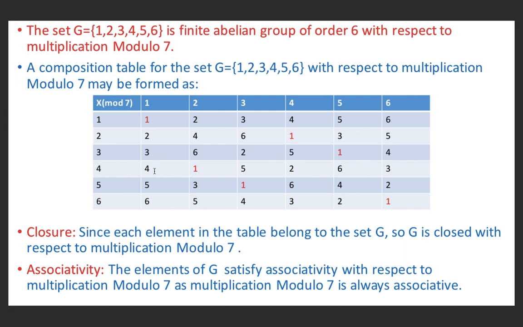To write the elements of the fourth row, we will multiply the elements of the top border row by 4 and then divide the resulting element by 7 and then write the remainders in the fourth row. 4 into 1 is 4. The remainder is 4. 4 2s are 8. When we divide 8 by 7, the remainder is 1. 4 3s are 12.